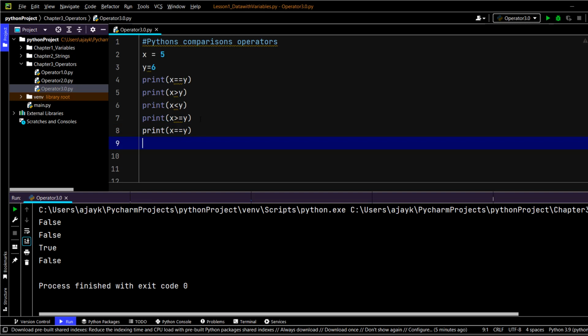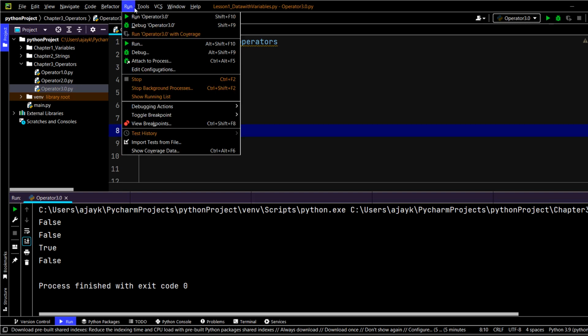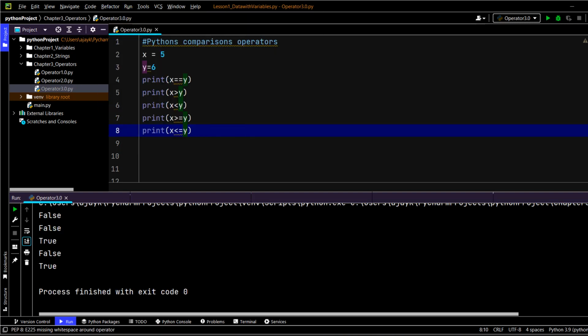In the same way, if I say less than or equals to, you should see true here, because x, which is 5, is less than 6, right? Even if I put 5 here, you also get true, because x is not greater than y, but x and y are equal. So this is greater than or equals to, and in the same way, less than or equals to. It is always or. Makes sense? You can see true and true here. So this is clear.